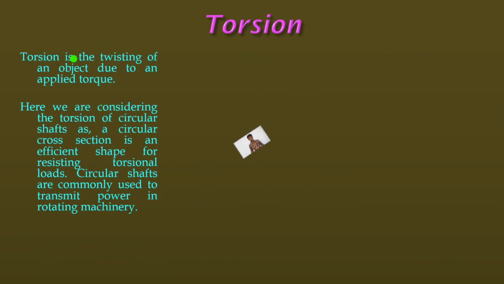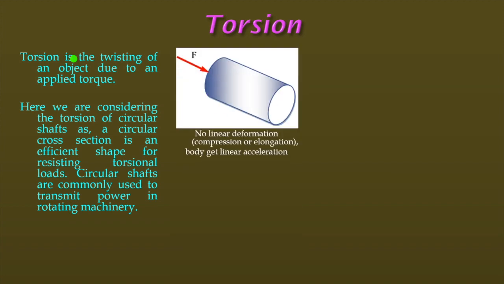Okay, now let's follow the topic with a circular shaft, as it is mostly used in rotating machines. So in our example we will explain with the help of circular shaft torsion. Torsion means twisting of the object under the action of torque. Here we are considering the circular shaft.